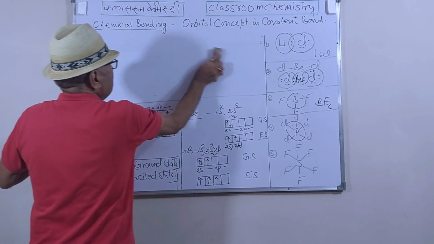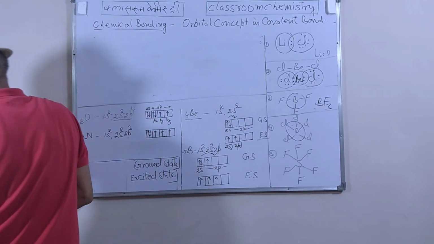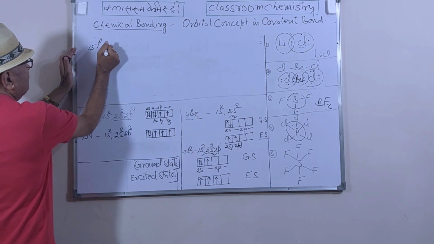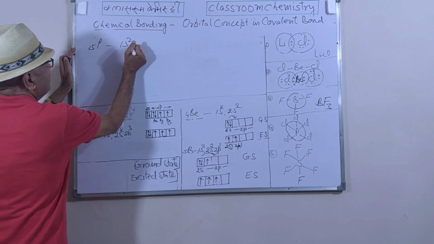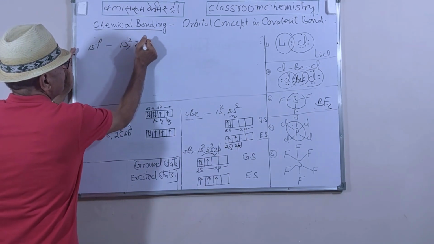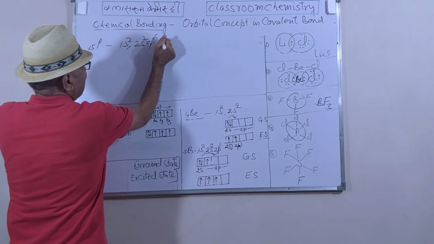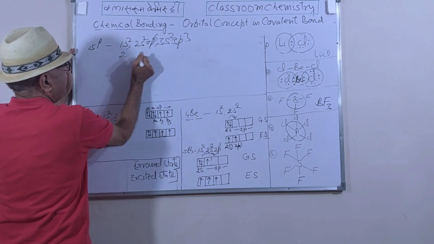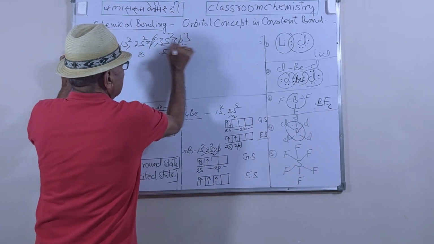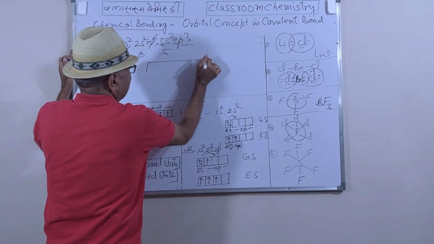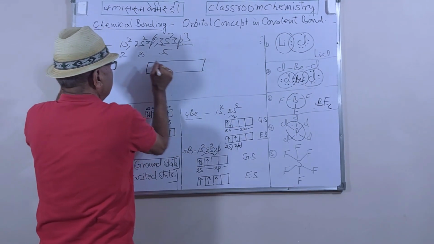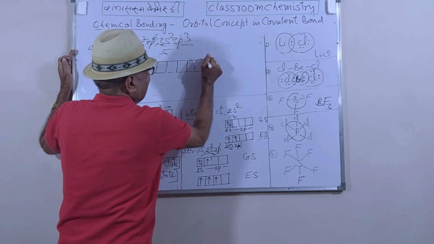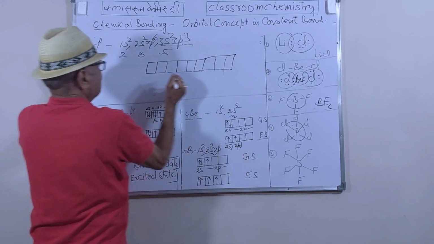The atomic number of phosphorus is 15. So you can write 1s2, 2s2, 2p6, 3s2 and 3p3, that is 2, 8 and 5.